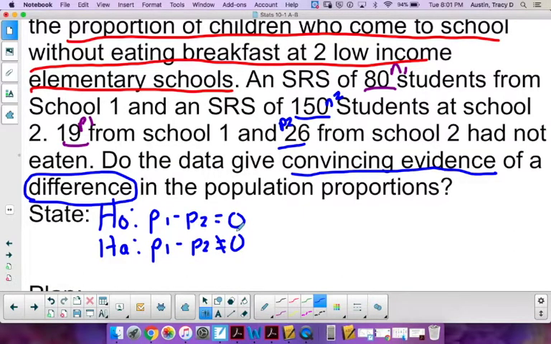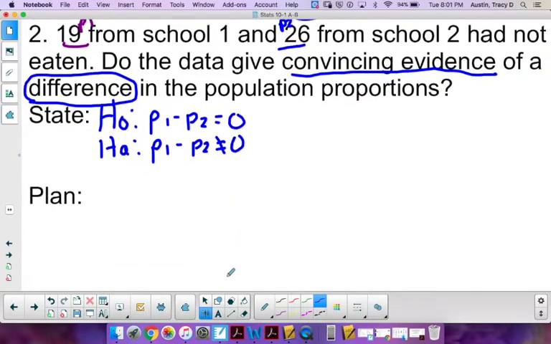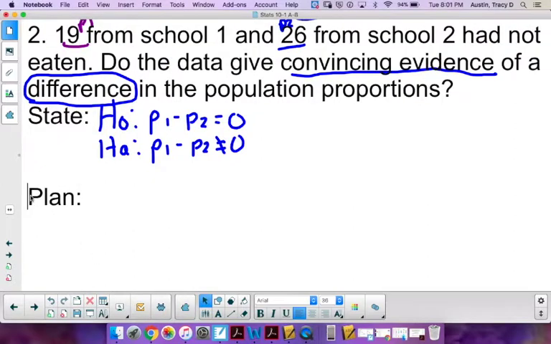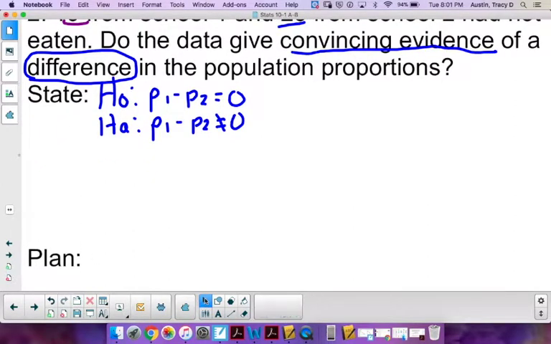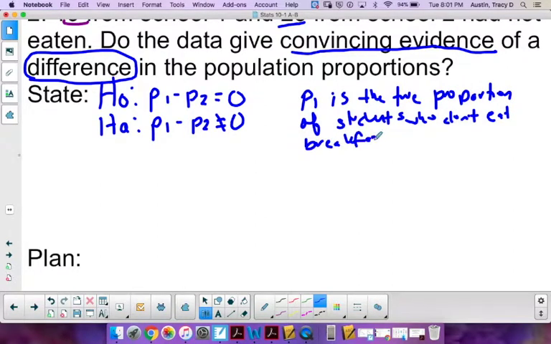Okay, and this is where I'm going to put both possible definitions of your variables, right? I'll put both of them up here, and you can decide which one you like the best. So the first one being, P1 is the true proportion of students who don't eat breakfast at school 1.